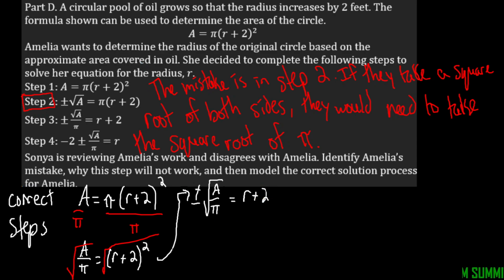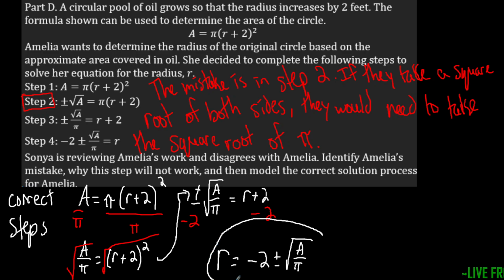And then our last step to get r by itself is to subtract 2 from both sides. Again, keep that 2 separate from that square root symbol, because that radical symbol is its own grouping symbol. So I'm going to subtract 2 from both sides. All together, we get r equals -2 plus or minus square root of A over pi. That's the answer we're looking for.